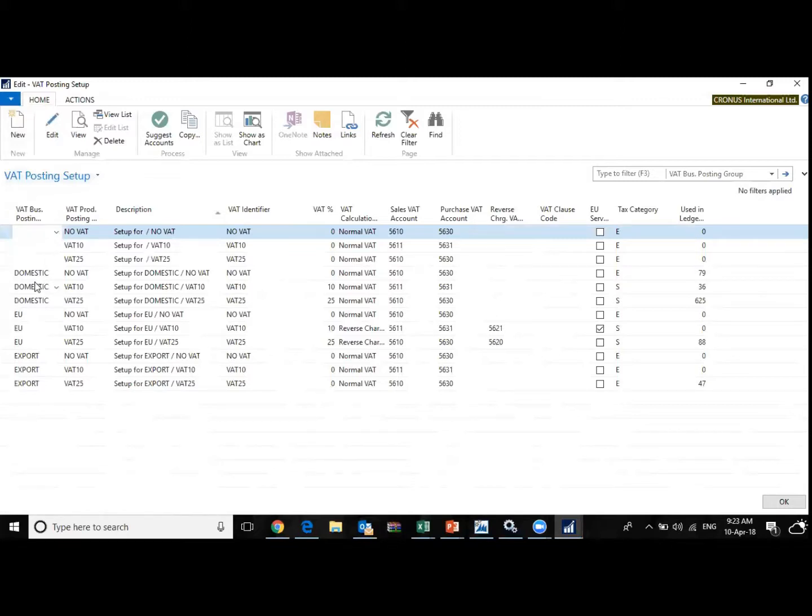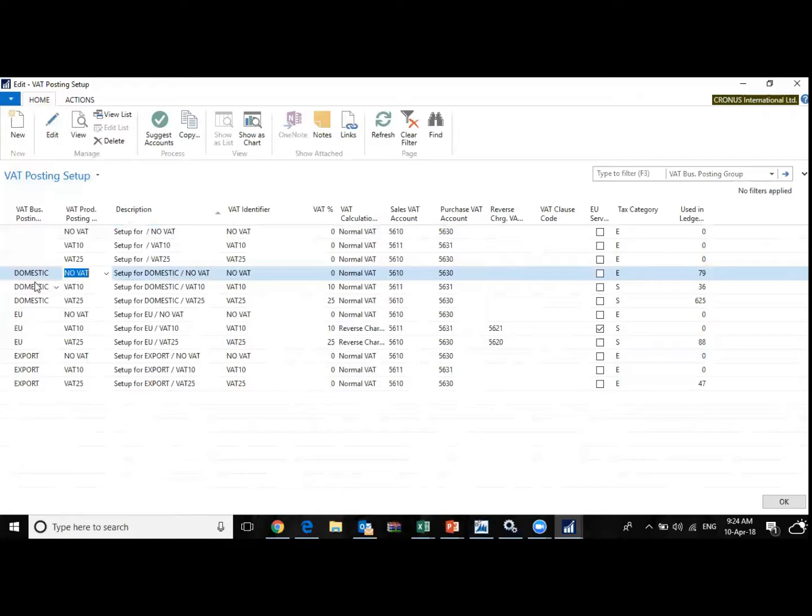So if you remember yesterday how we discussed how you can interpret these lines, that if my VAT business posting group is domestic or I'm dealing domestically and there are certain products that are not VATed, okay, that product, if you can remember yesterday, we saw that the items, the vendors, the customers, they all have their respective VAT posting groups. So the customers and the vendors, they have VAT business posting group, and the items, they have VAT product posting group.